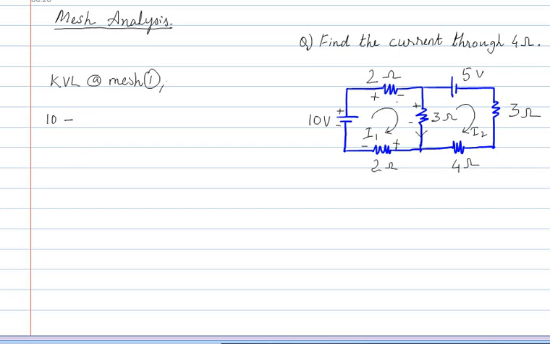Because the front of the bogie is now negative, isn't it? So minus 2, the current is I1, then again front of the bogie, it is going to be minus, so it is minus 3, the current is I1 minus I2.